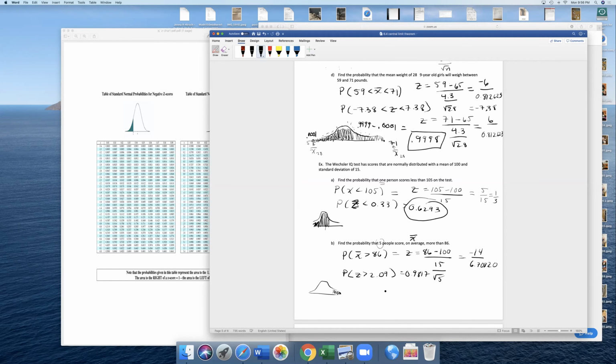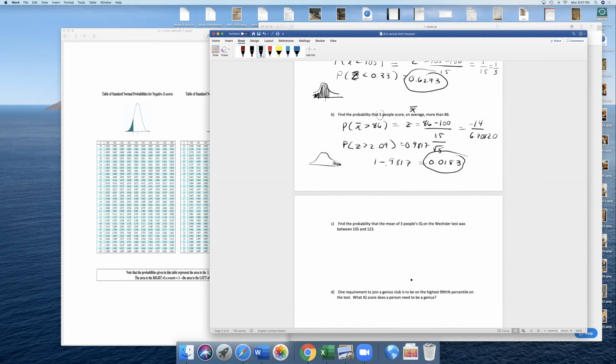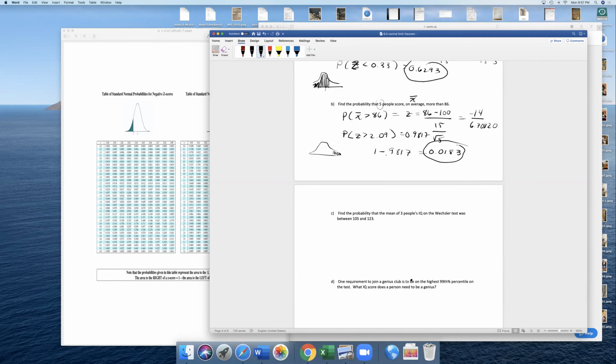So that means that we're going to subtract the probability that we get from 1 or from 100%. 1 minus 0.9817, and we get 0.0183. Okay, so the probability that 5 people score on average more than 86 is 0.0183. That's for B.